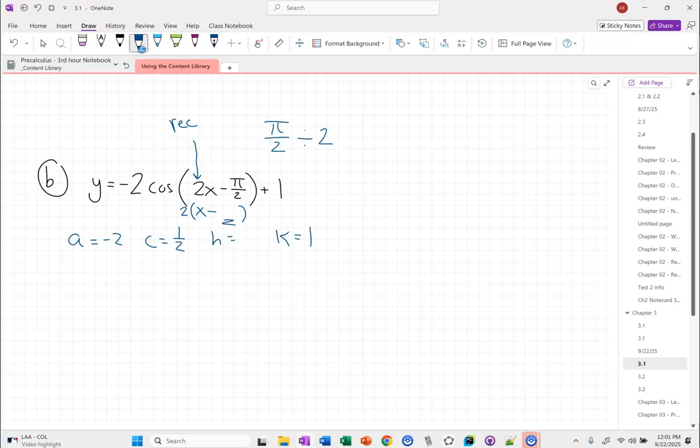Dividing by 2 is the same as multiplying by the reciprocal. Excellent. How do I multiply two fractions? Straight across. So that gives me what? Pi over 4. And that's my H.